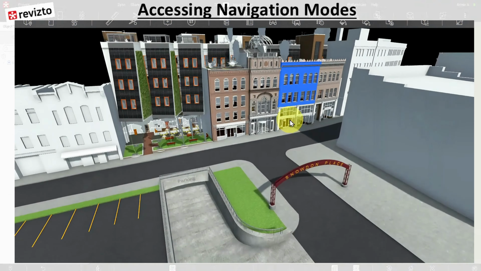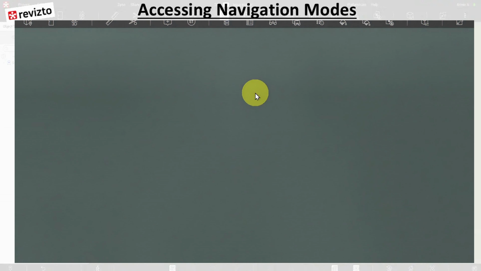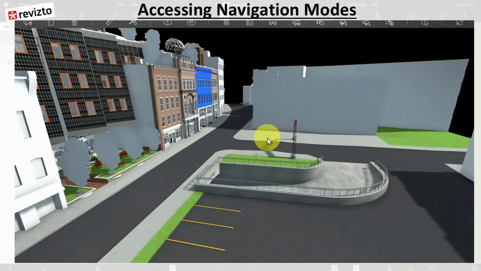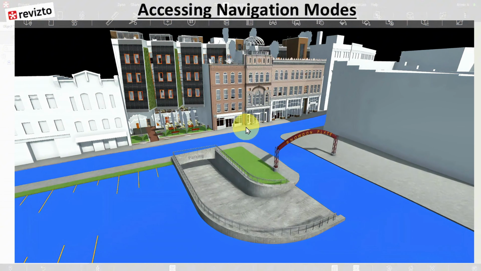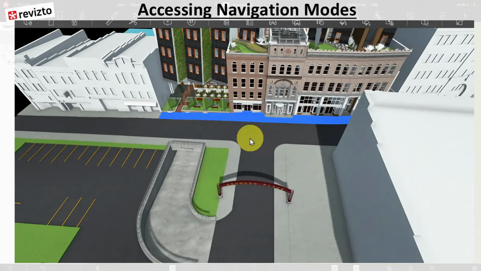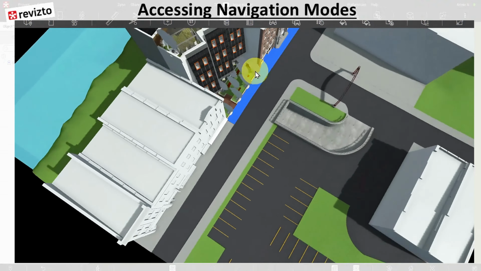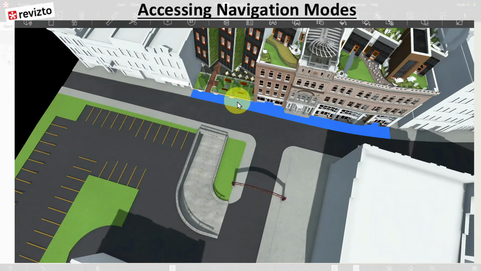This is going to be a really good help for going from one area to another area and moving to a different location. So instead of selecting an item and then rotating around, Revizto is going to give you the opportunity to show you where that rotation point or pivot point is for everywhere that you clicked.